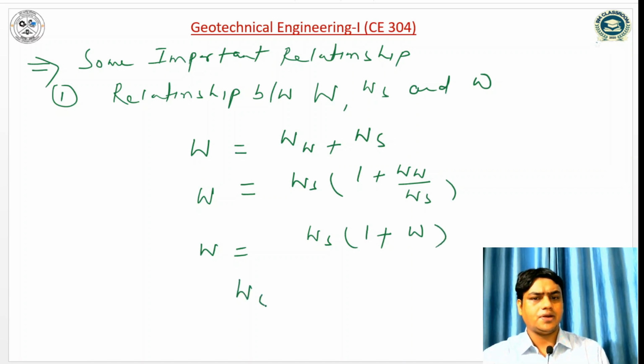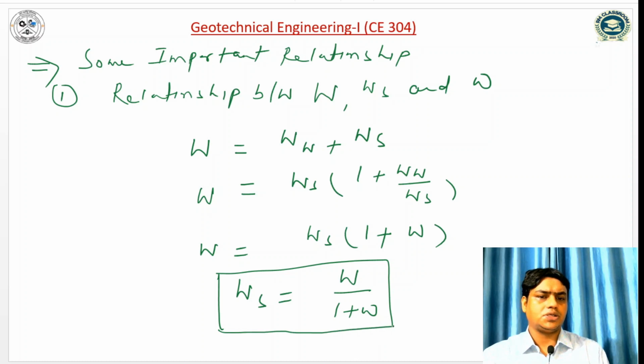So we can write WS is equal to capital W divided by 1 plus w. So this is the first relationship where WS is the weight of solid, capital W is the total weight of soil, and small w is the water content of the soil.